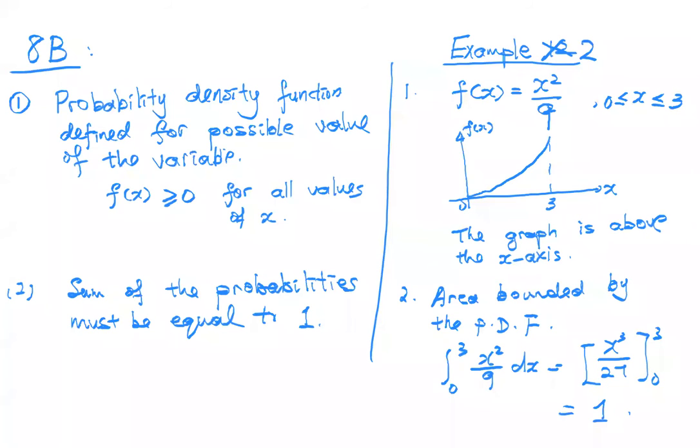Now, based on this example, can you explain to me why the probability of x equal to 2 is equal to 0?